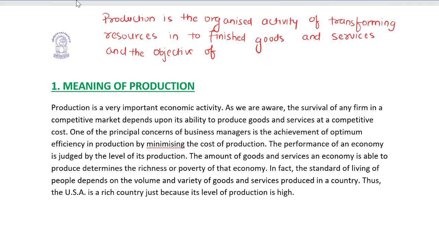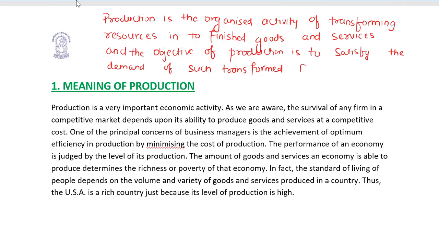And the objective of production is to satisfy the demand of such resources or transformed resources. I hope you are clear.